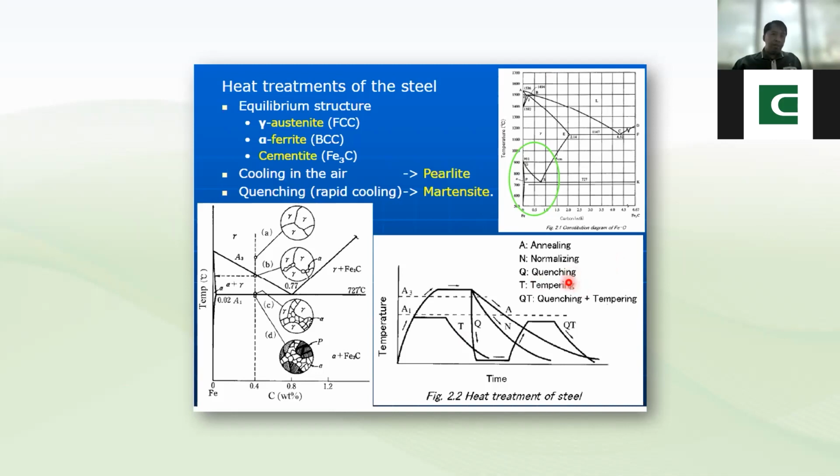Normalizing will change the toughness, and hardening or quenching will change hardness of your material, while tempering will balance toughness and your hardness.